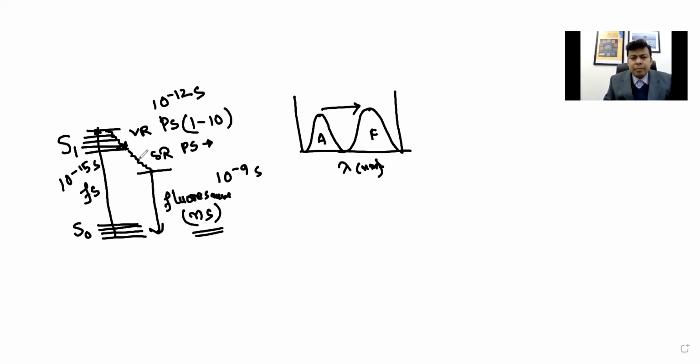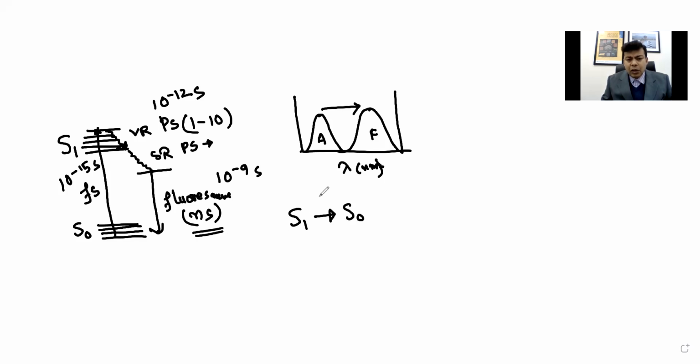if you look at this step, or just look at this S1 to S0 step, okay? This is essentially fluorescence, right? And you can think about this as a reaction. It's sort of like a first order chemical reaction. You can use the chemical kinetics approach to quantify the rate of this process, right? You can imagine the reactant and product. So S1 to S0 is a first order reaction.